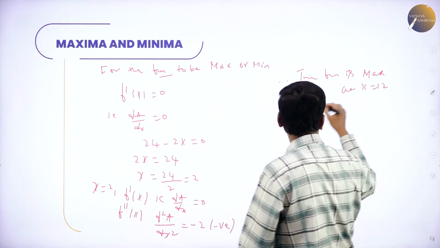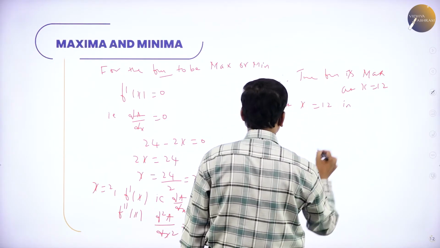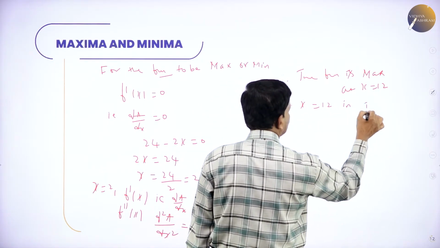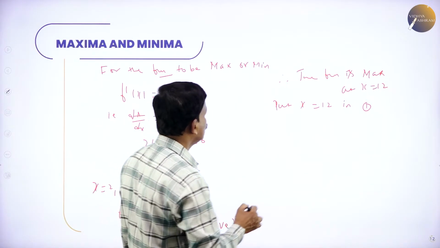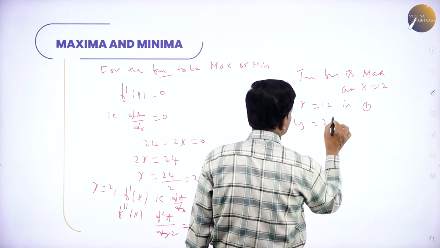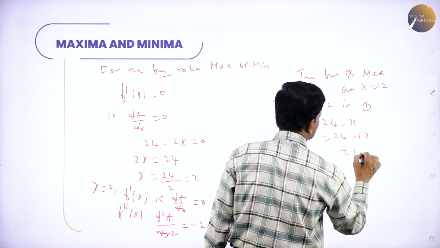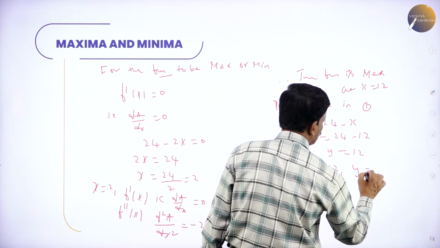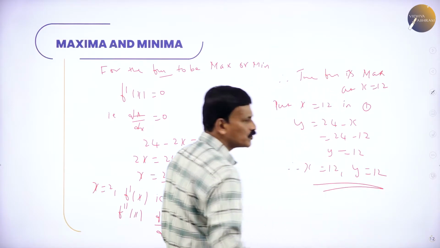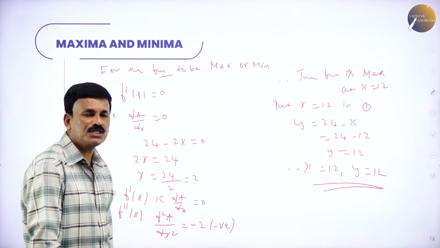Now substitute this value, put x is equal to 12 in the equation x plus y is equal to 24. So you will get y is equal to 24 minus x, 24 minus 12 is equal to 12. So therefore the two required numbers are x is equal to 12 and y is equal to 12.